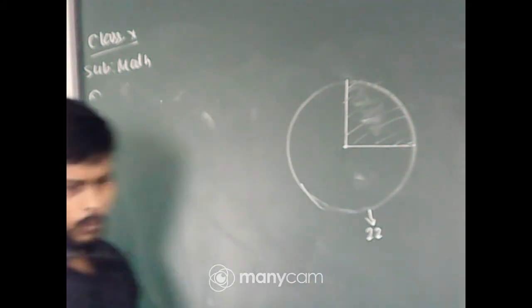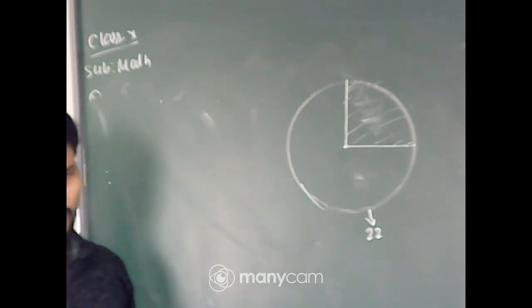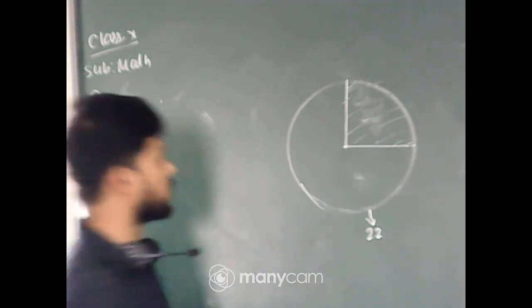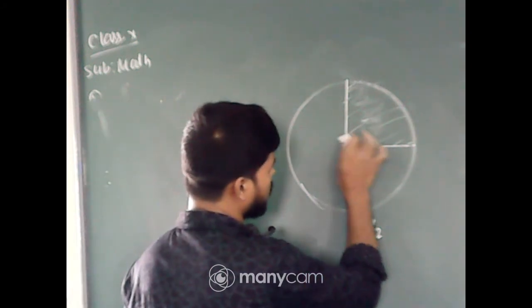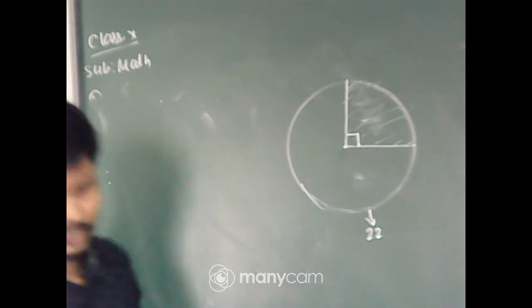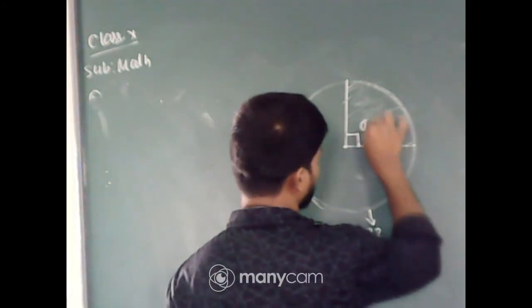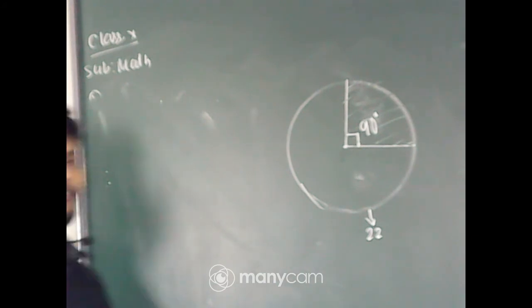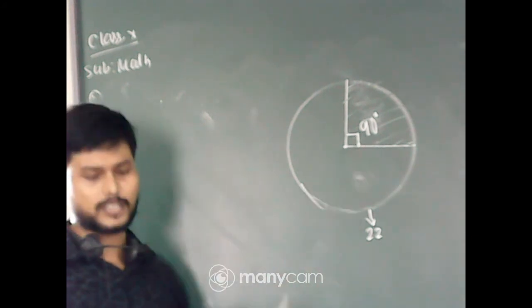Now tell me, what is the angle made by this quadrant at the center? What is the measurement of this angle? Yes, this is 90 degree. So the central angle is known. Now we just need the value of r, the radius of the circle.